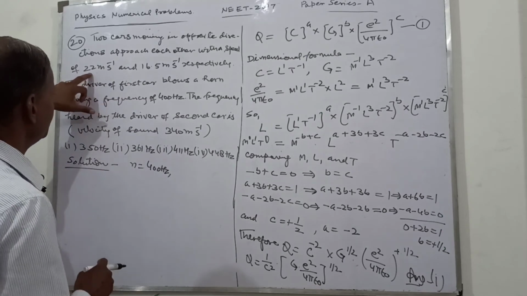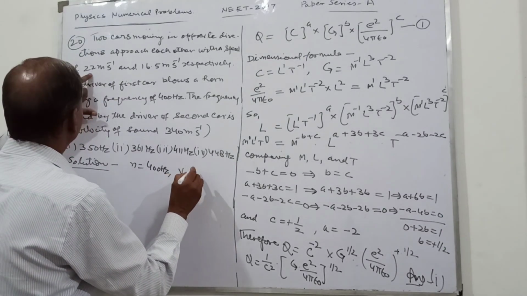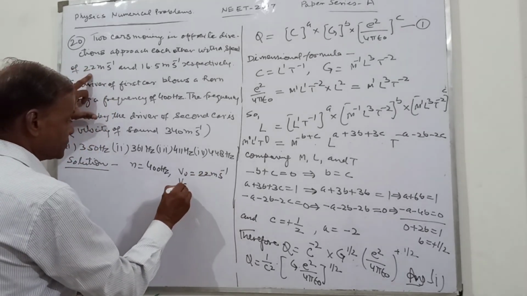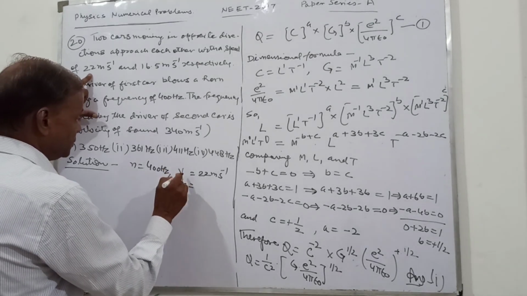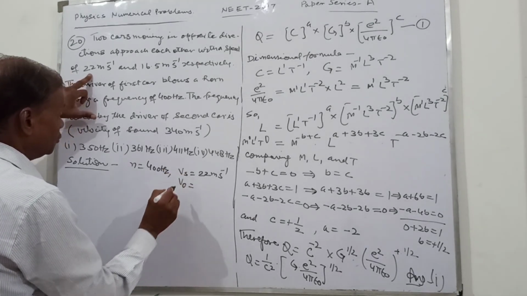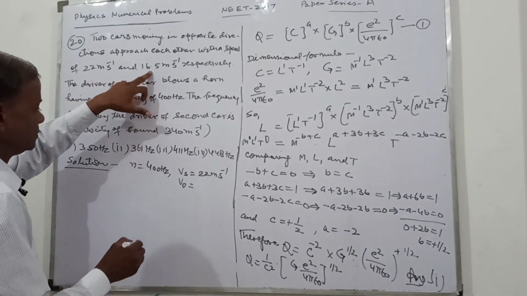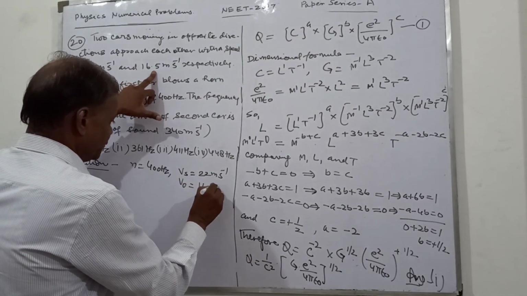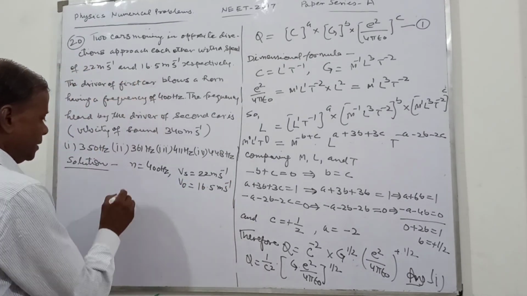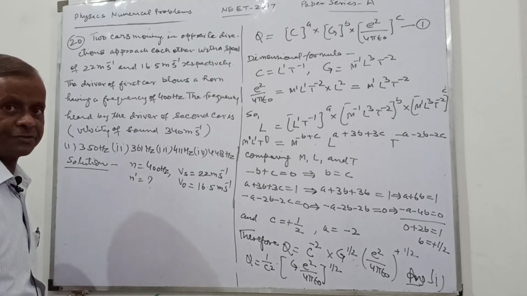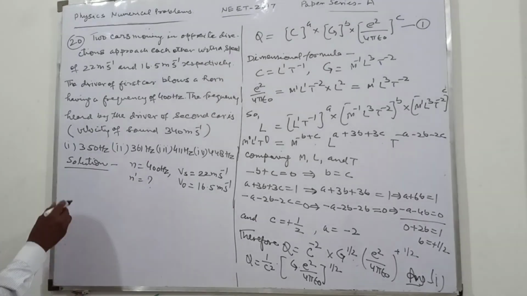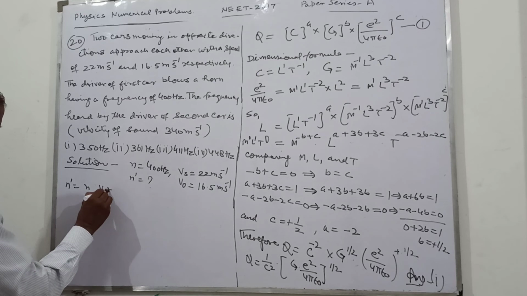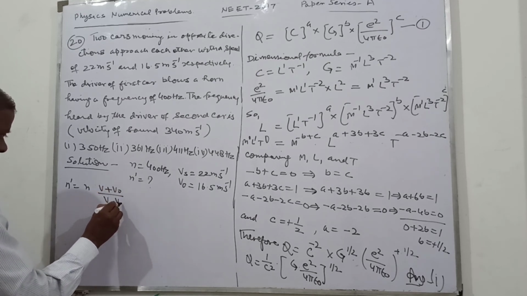So the speed of the source is Vs equal to 22 meter per second, and this is now your observer. The observer is moving with this speed, 16.5 meter per second. And you have to find the apparent frequency. What will be the apparent frequency? N dash equal to n into V plus V0 upon V minus Vs.